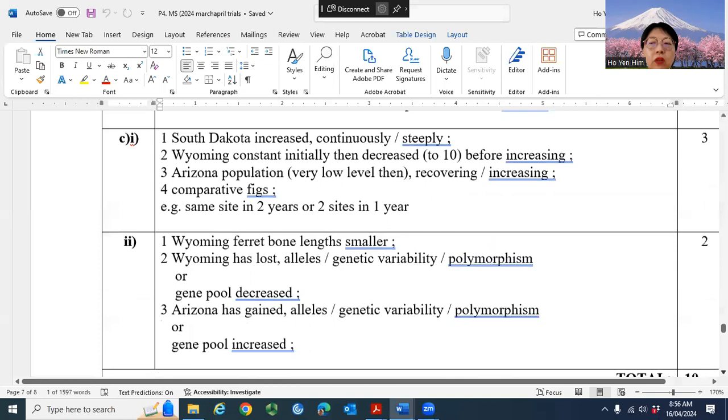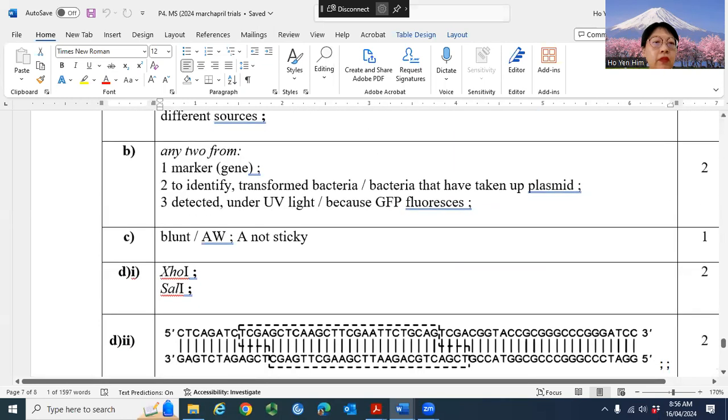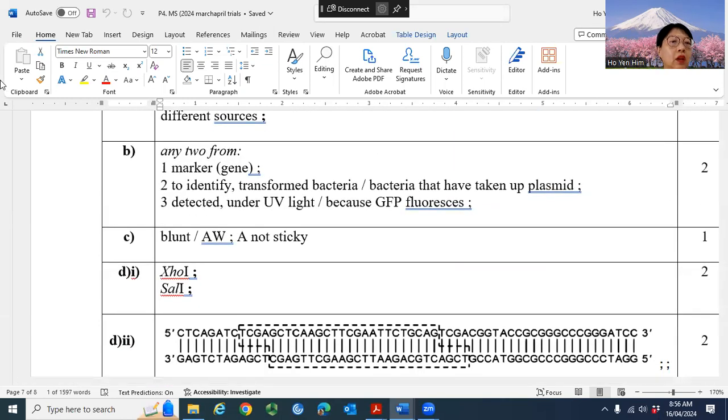Okay, so let's look at the mark scheme. So that is a marker gene. You see, not marker is a gene. So that is a marker gene. It is used to identify transformed bacteria. That means bacteria that has taken up the recombinant DNA. Okay, so how do you identify it?